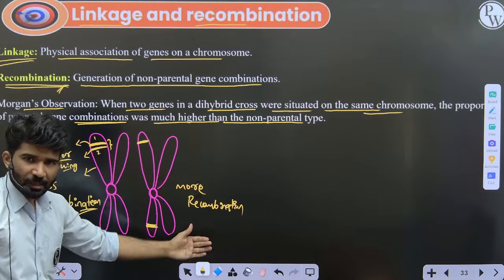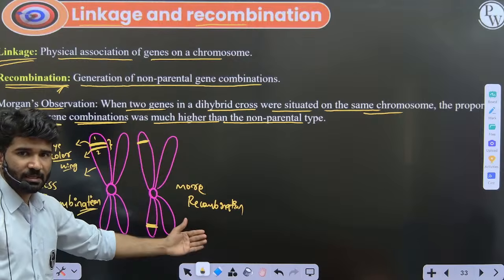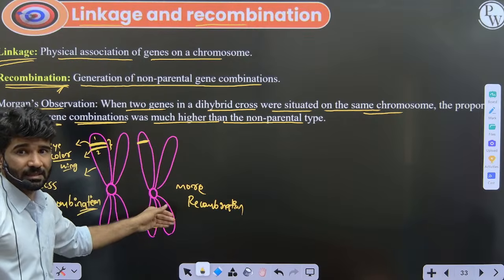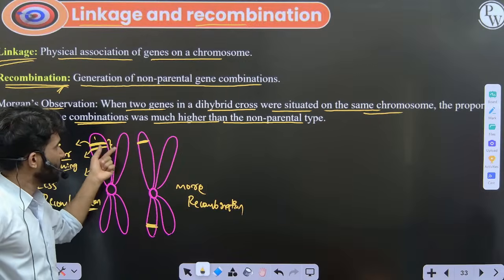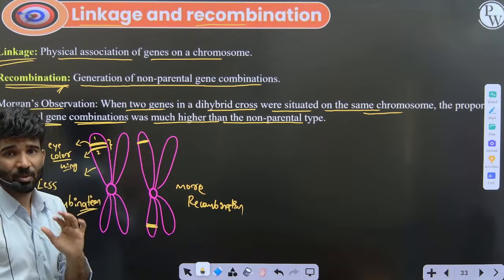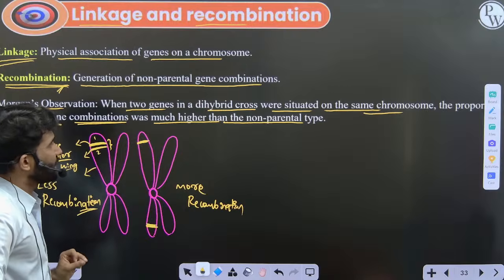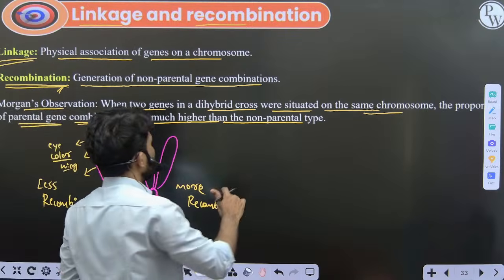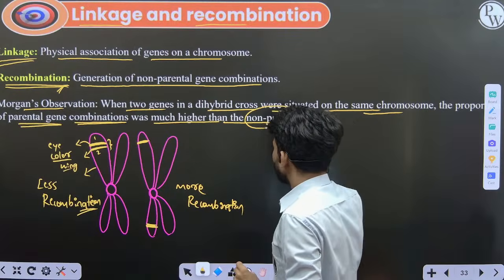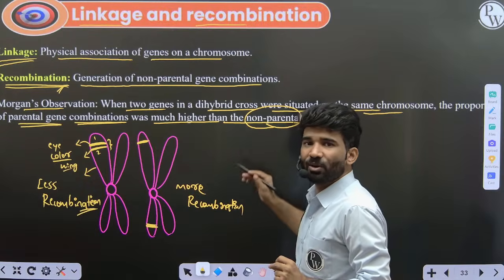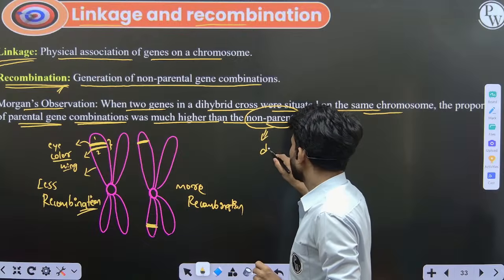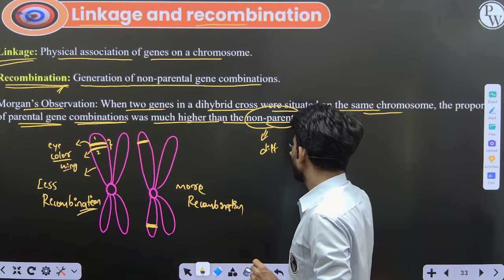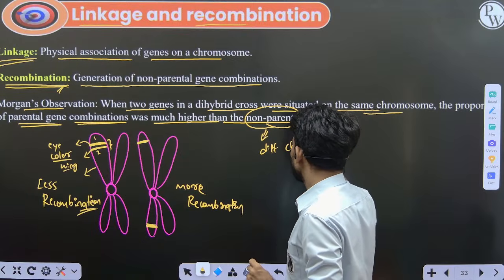Even though a dihybrid cross takes place, even after the crossing, the variations are less. They are almost similar to their parents when they are situated on the same chromosome and closely linked. Non-parental combinations are possible when they are located on different chromosomes.